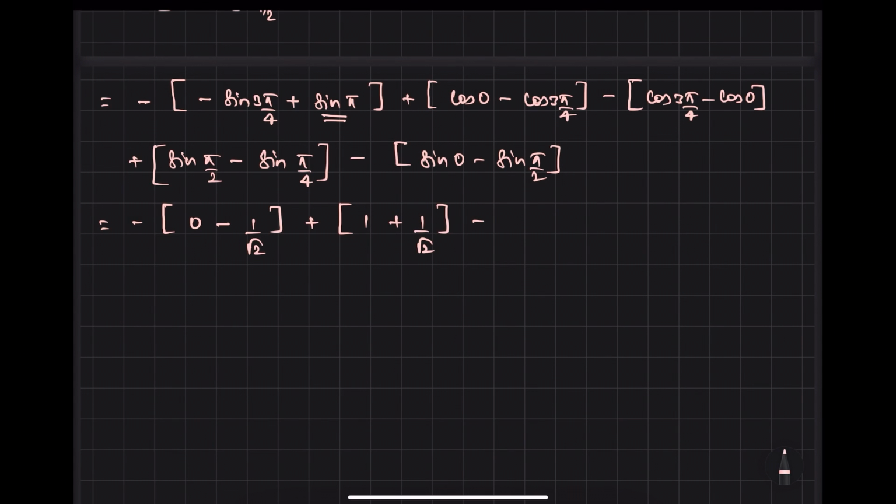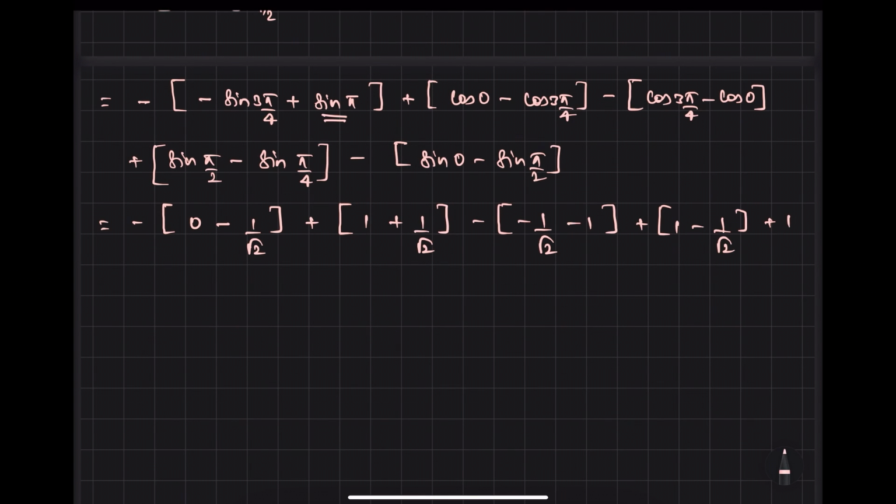Okay, now again you will have minus of 1 by root 2 minus of 1. Okay, cos 0 is 1. Now sine 90 is what? 1 minus 1 by root 2. Sine 0 is 0, and then sine 90 is 1. So minus 1 and minus. So it will become plus of 1.